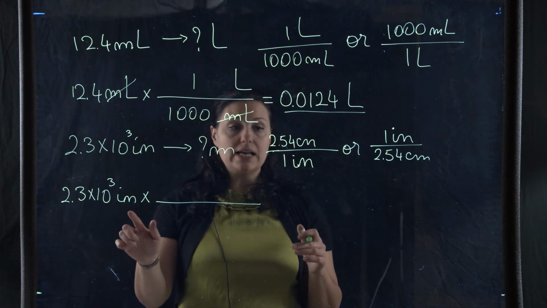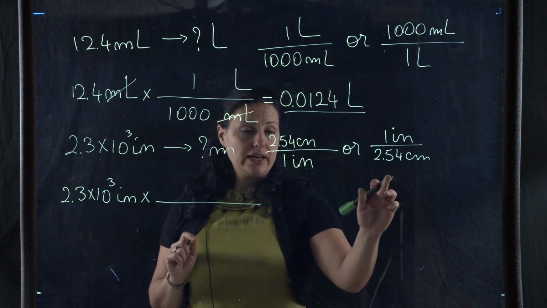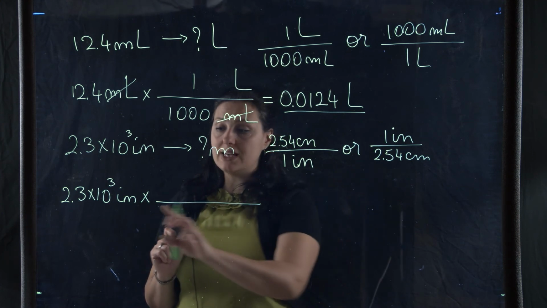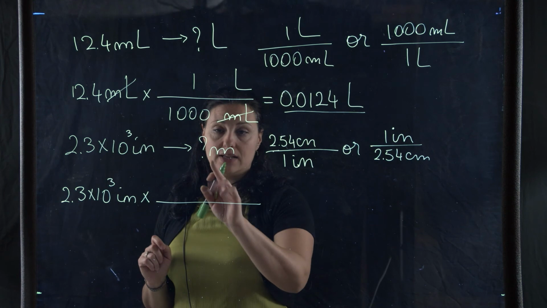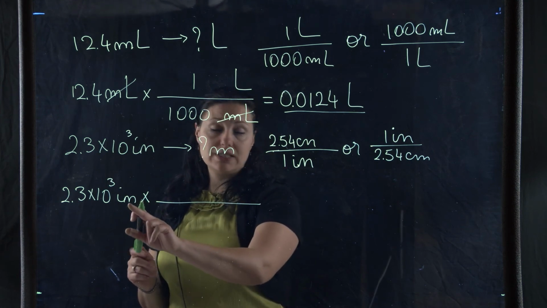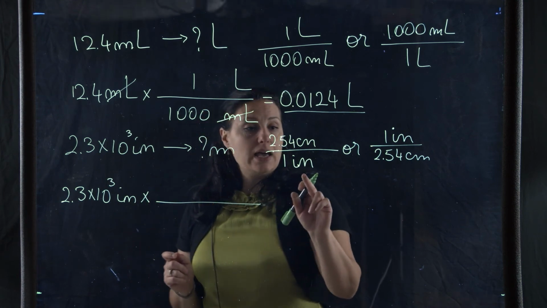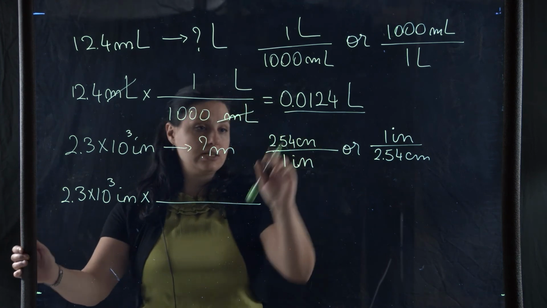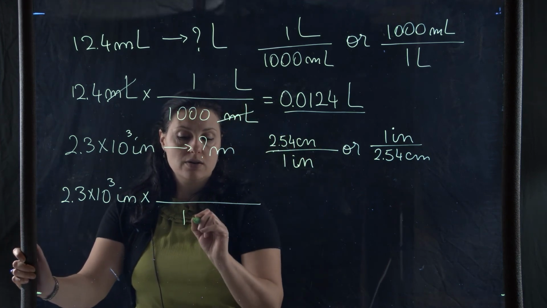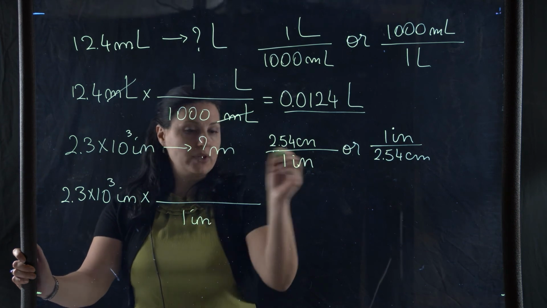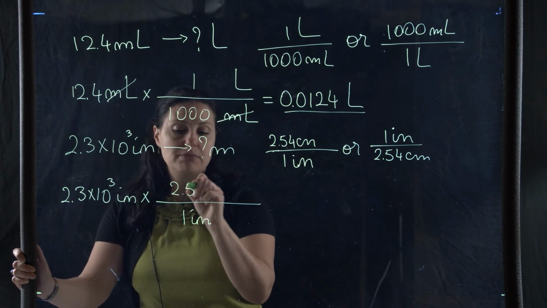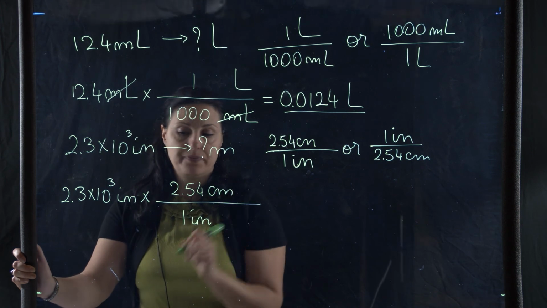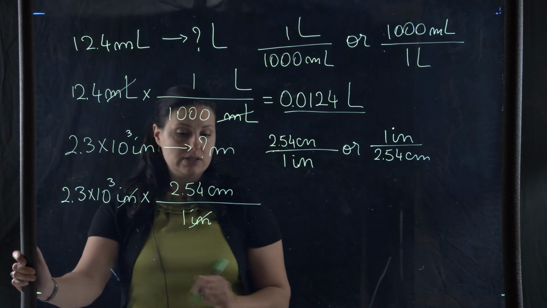But for this instance, I need to pick the correct version of it because I have inches and I want to get to centimeters first, so I want to get rid of my inches. And inches on the bottom will do that, so I have to use this particular one. 1 inch at the bottom and 2.54 centimeters at the top. This will cancel my inches.